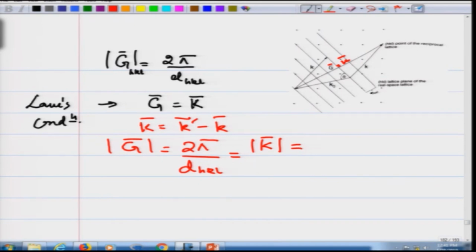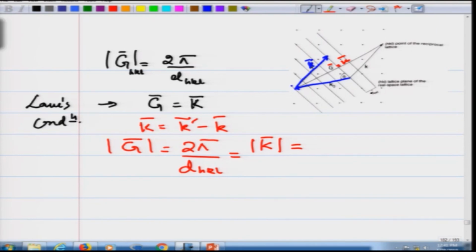scattering wave vector K. And this magnitude K, in this diagram you can see that in the reciprocal space my incoming wave vector is this, which is making an angle theta with this lattice plane, and it is getting scattered with this wave vector k prime, and k minus k prime is your vector capital K, the scattering vector, which should be equal to the reciprocal lattice vector for diffraction, and this is the angle theta.